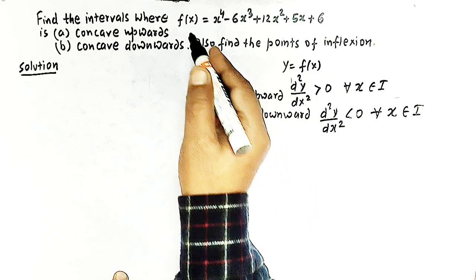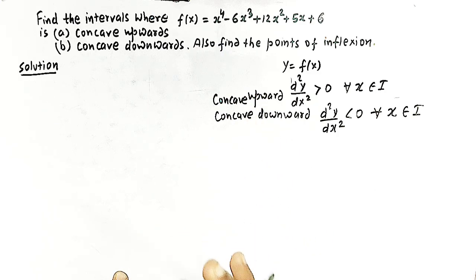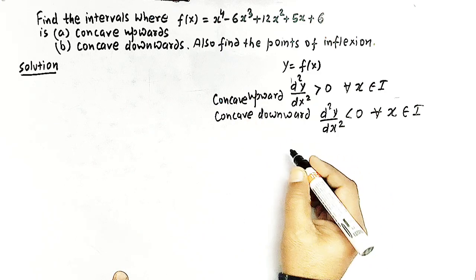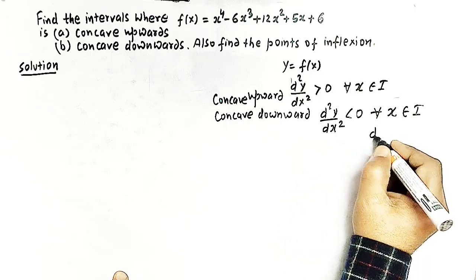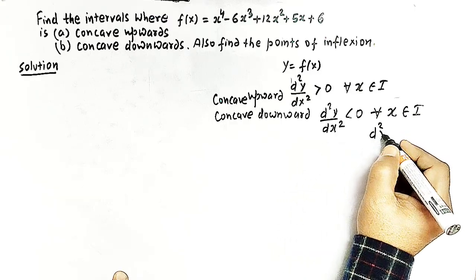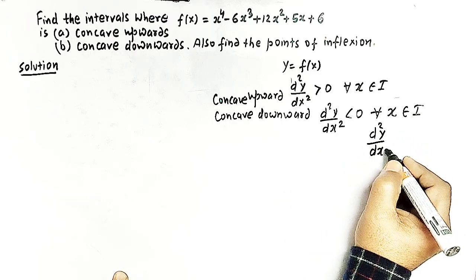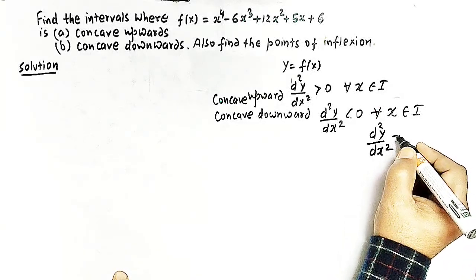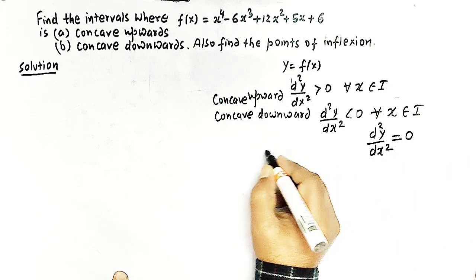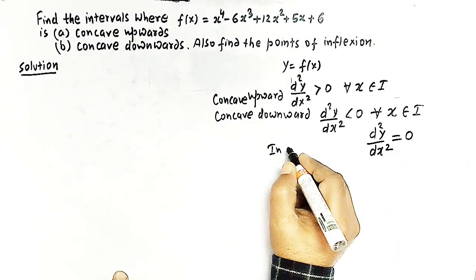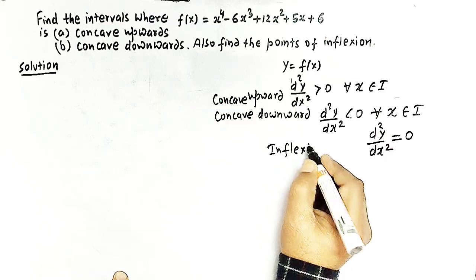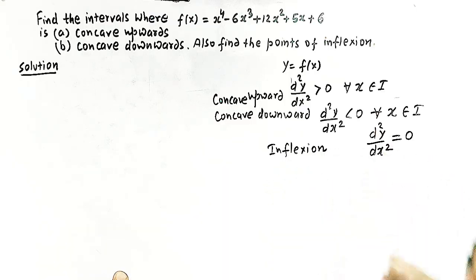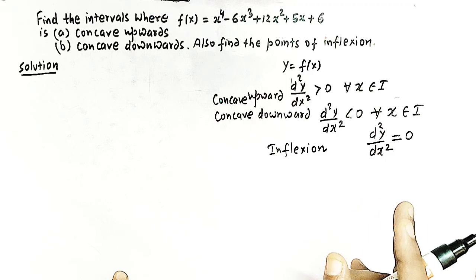And this function has points of inflection when the second derivative, that is d2y over dx2, is equal to 0. So for the points of inflection, the second derivative must vanish, right?